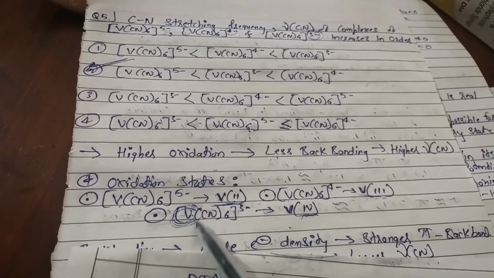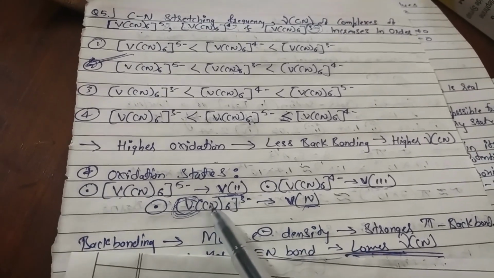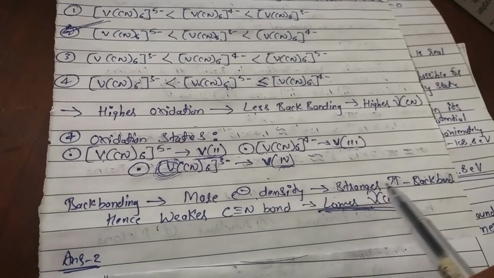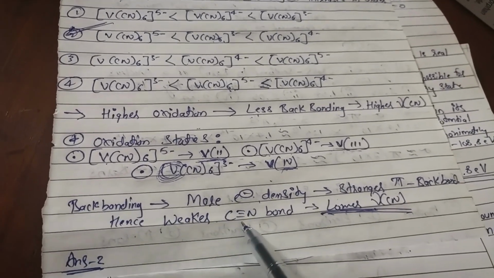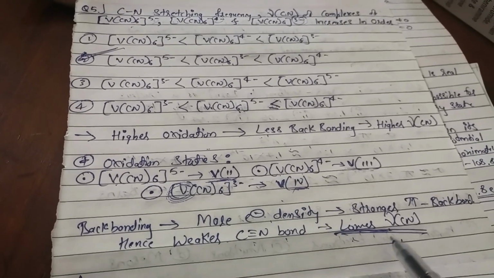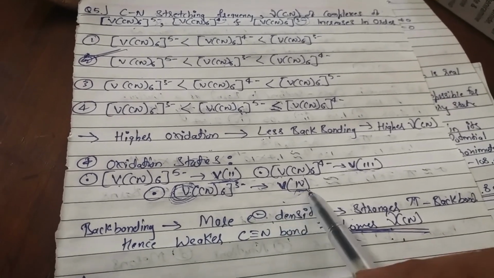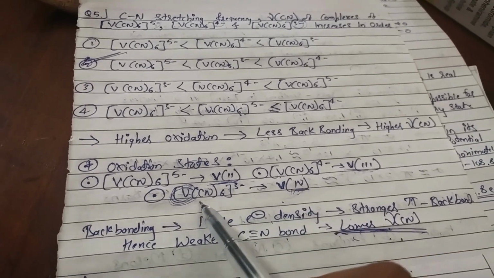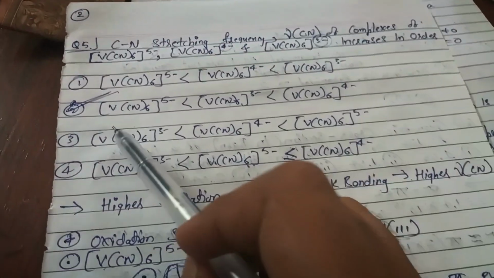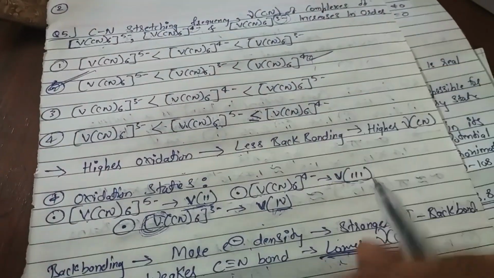Hence vanadium hexacyanide 3 minus will have the more electron density, so the pi back bond is stronger, hence the cyanide bond is weaker, hence lower CN frequency. The one with the higher vanadium oxidation number will have the higher frequency, hence there will be the mixed proportion here. So number 2 will be the correct option for the fifth question.